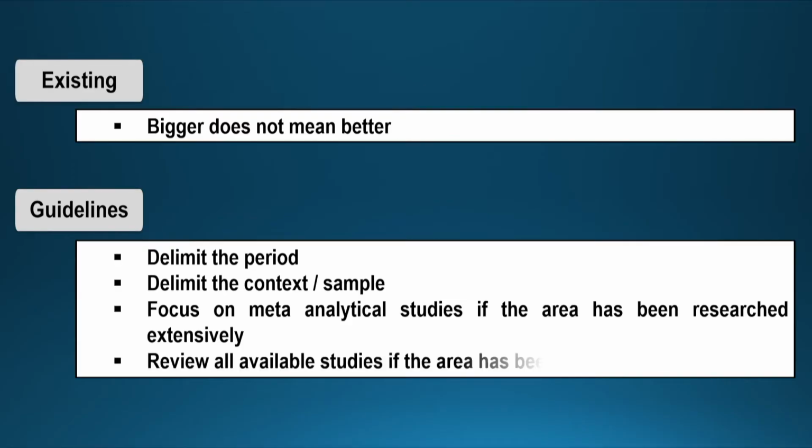Then all those studies which are available in an area which is lesser researched can be included. So as I said, if you delimit the period from 11 to 18 and you think not much research has been carried out in the Indian context, only 25-30 studies are available, all those studies need to be included in the review of related literature.